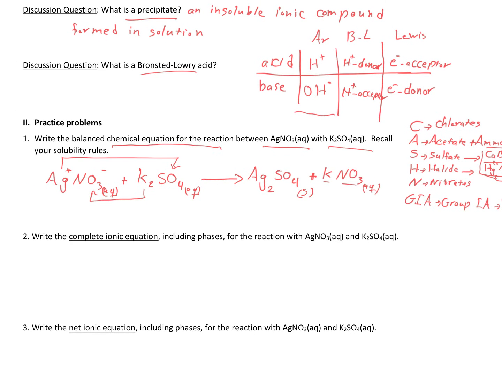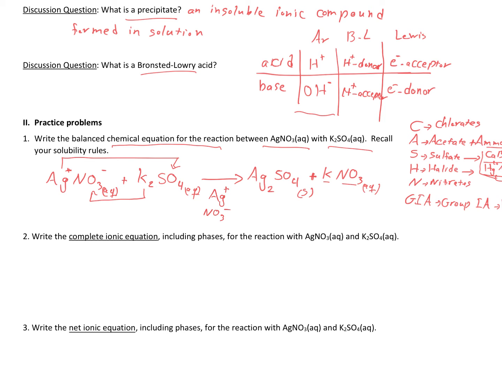So this is our chemical equation. We have to check if it's balanced. It's better to balance the ionic equation based on the ions instead of elements.